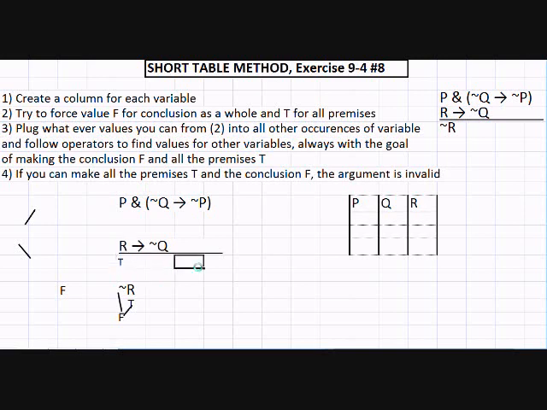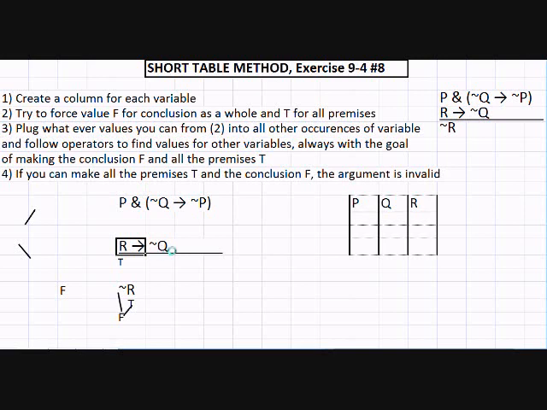So there's the T for this R, and since the antecedent is true, and we're trying to make this entire statement true, the consequent will have to be true. Since the consequent is not Q, Q will have to be false, since we have a negation on the Q, in order to make the consequent as a whole true.